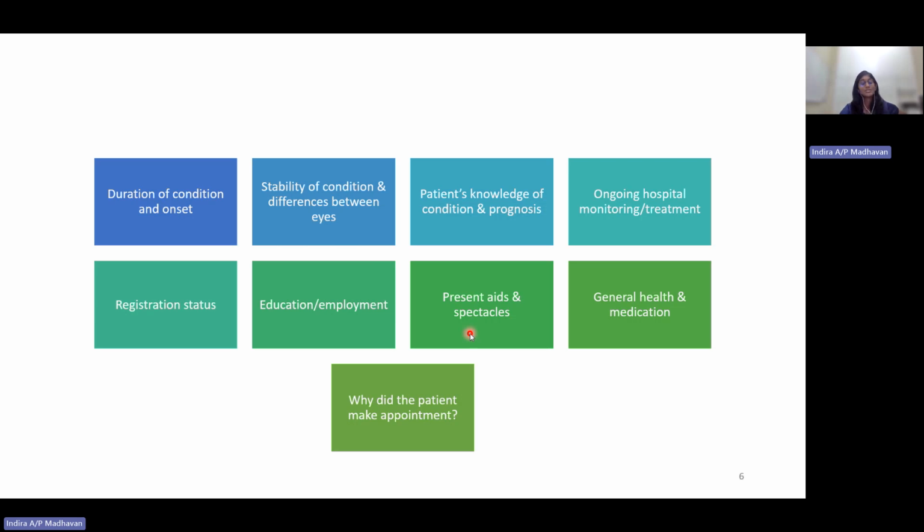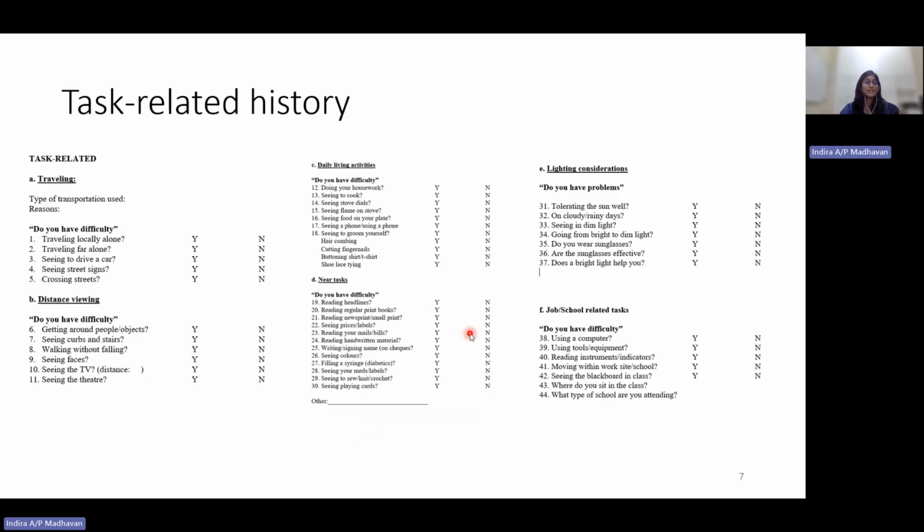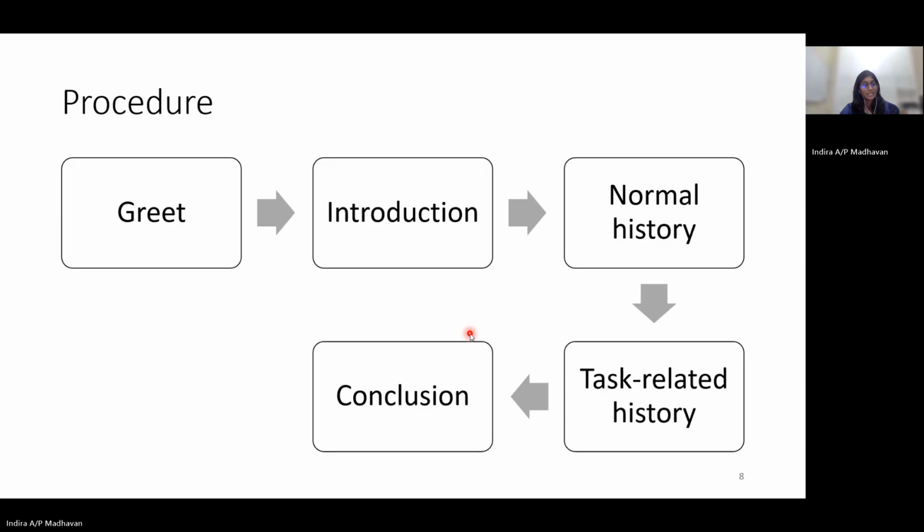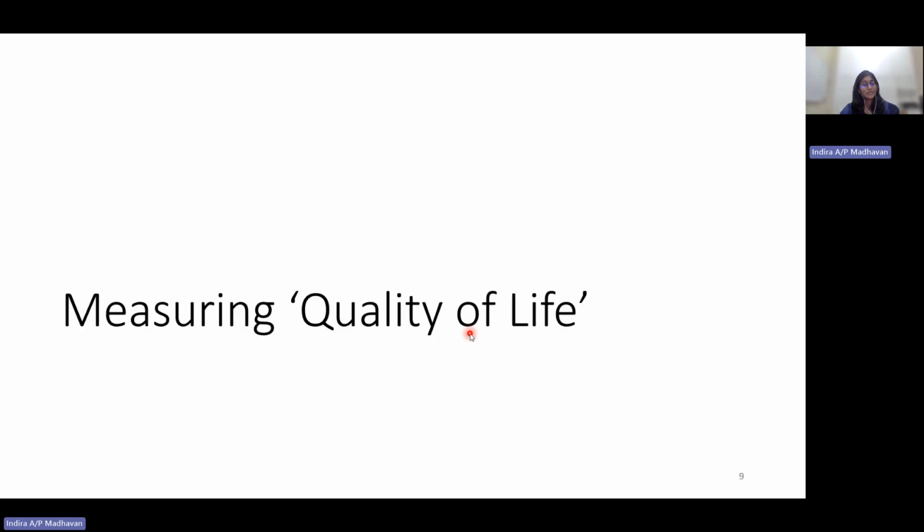Task related history covers particularly the daily activities of the patients, which daily activities are affected by the vision problem that they are facing. And then we looked at measuring the quality of life using the questionnaire.